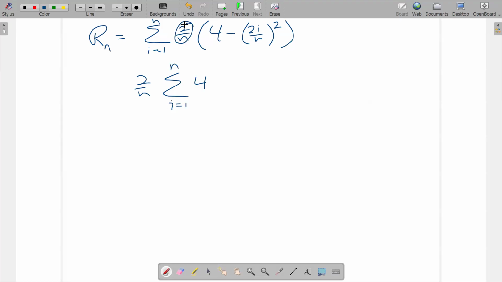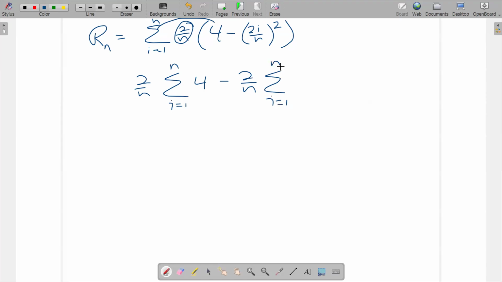I pulled the 2 over n out and distributed the sum into the sum, minus, I'm going to also carry the 2 over n with the sum, i equals 1 to n.